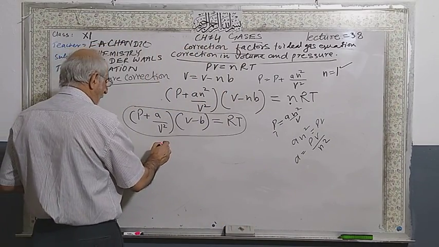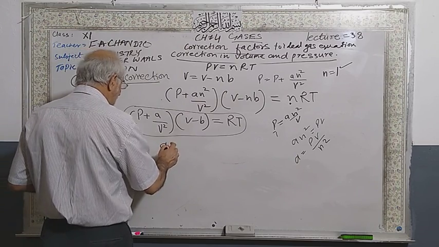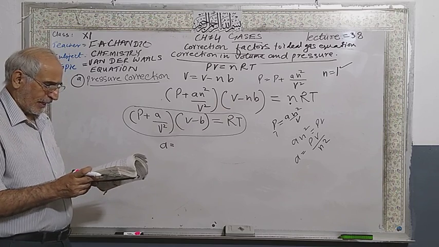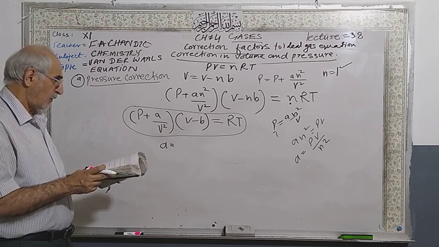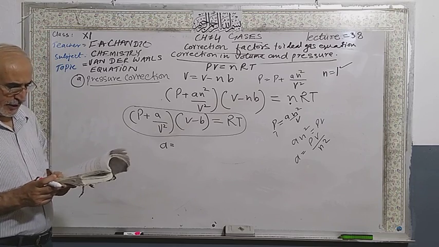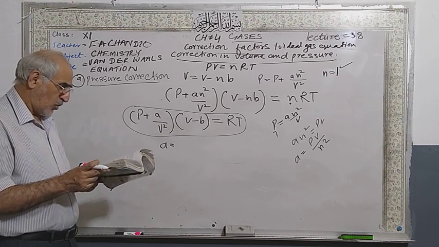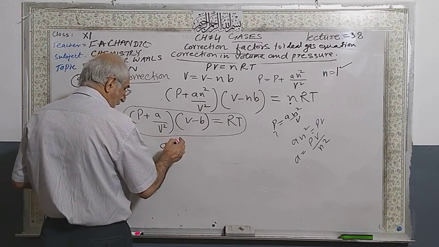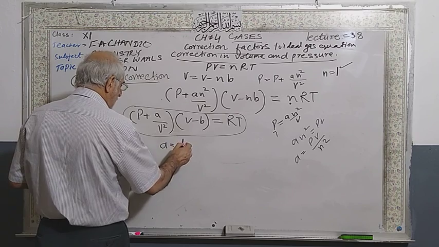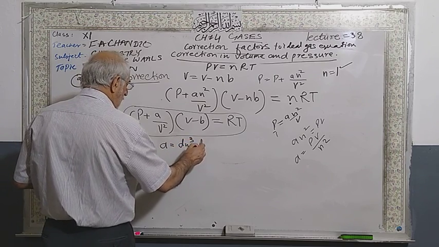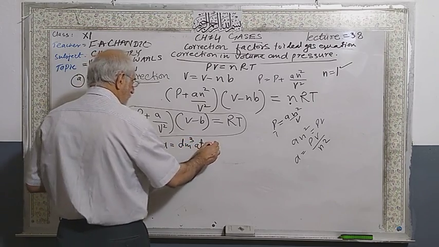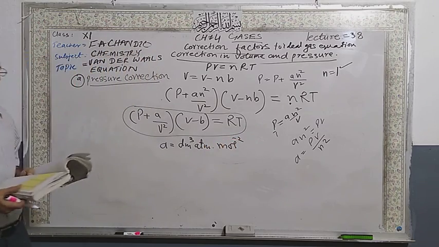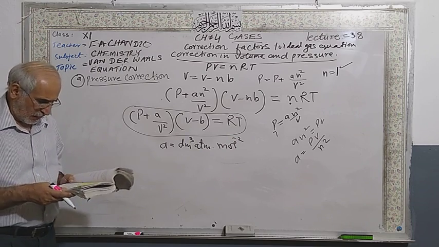So students, the unit of P is atmosphere, V is a volume with unit decimeter cube, and n is the number of moles, so per mole square. That's why its units are decimeter cube atmosphere per mole square. Don't forget this. This is the value of a which is also given here.